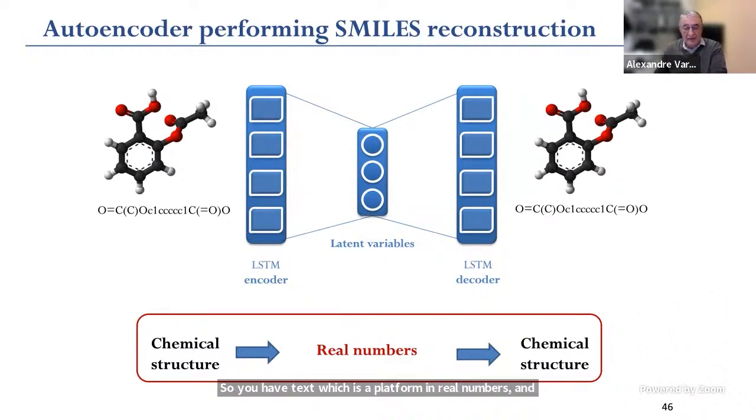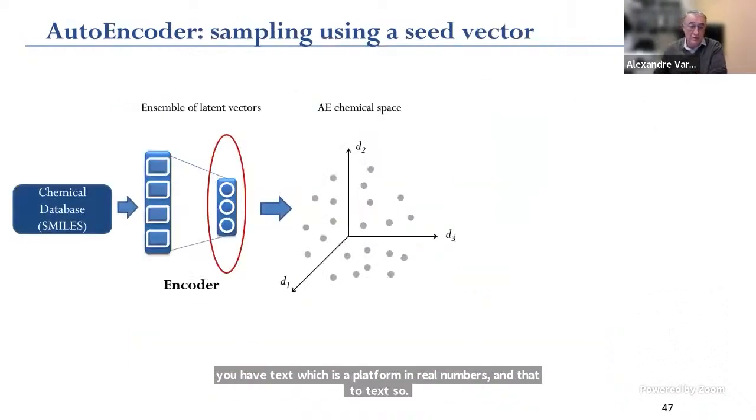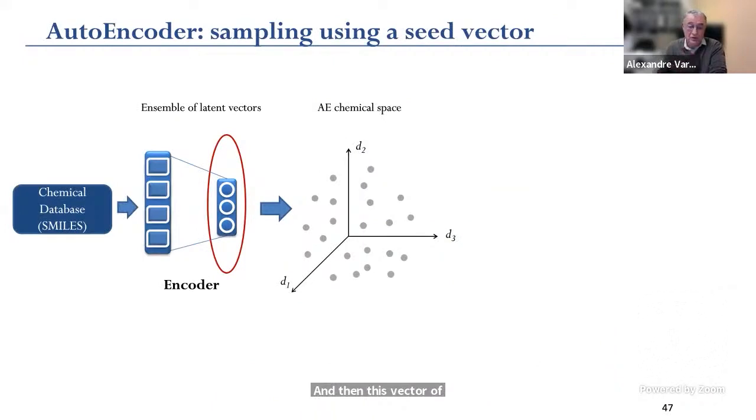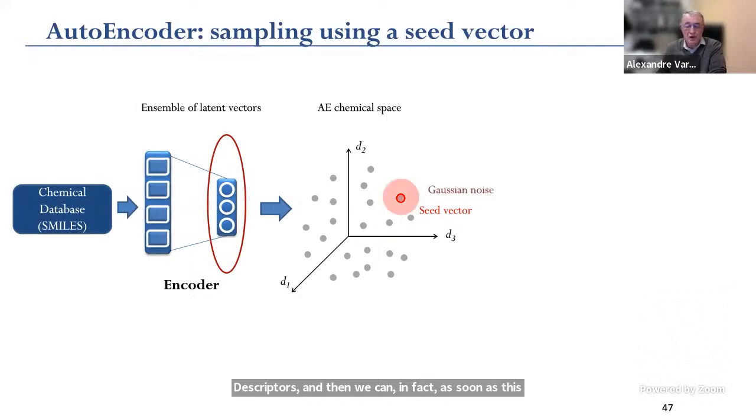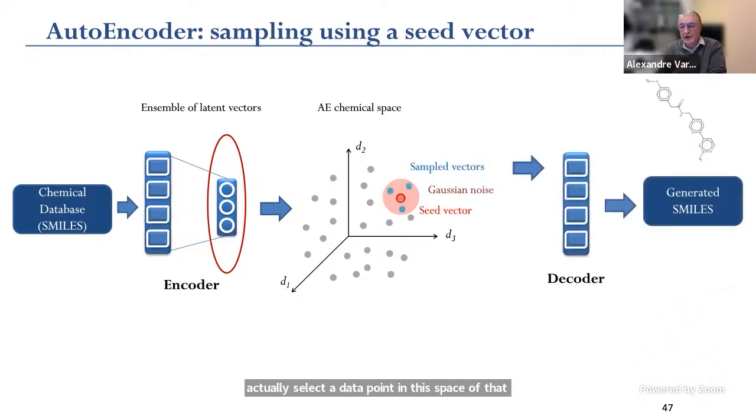This vector of latent variables could also be used as descriptors. And as soon as this deep neural network is trained, we can select a data point in this space of latent vectors, shake this vector a little bit, and send it to the decoder, which generates a new SMILES string, which is then transformed into a chemical structure.